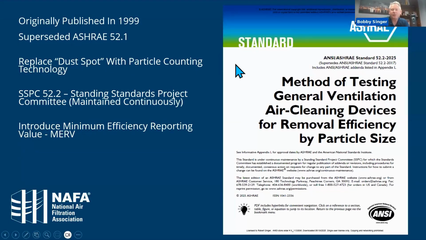This is ASHRAE 52.2. This is a picture of the newest version of the method, which was just published a few months ago, ASHRAE 52.2 2025. This is more of a reprint than anything. We've cleaned up some of the wording, made it a little more consistent, things of that nature.